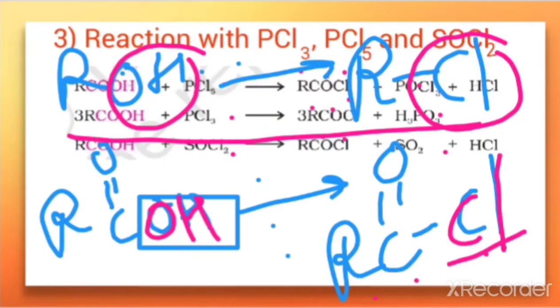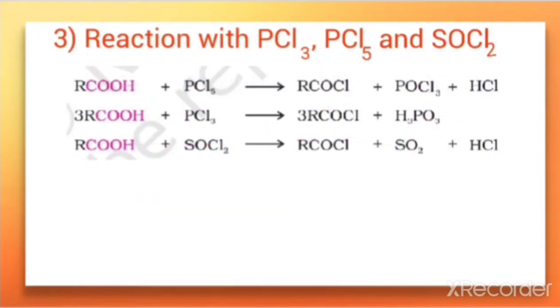So in the acid also we are doing the same thing, just remove the OH and keep the Cl. So whenever you are learning this equation, learn the equation for alcohol and acid together, so that it will be easier to learn. What you need to remember here is that in the case of alcohols and carboxylic acid, there is a reaction with PCl5, PCl3 or SOCl2.